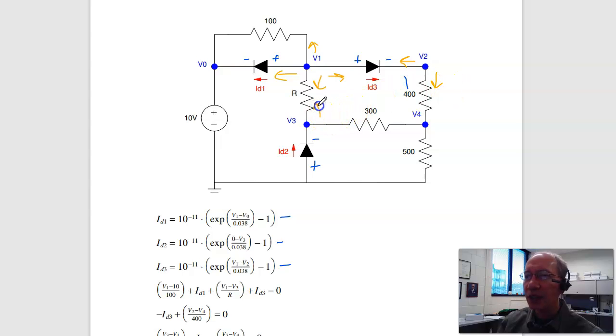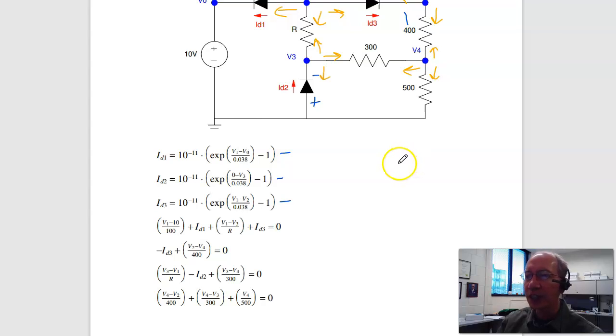Node 3, V3 minus V1 over R, plus V3 minus V4 over 300, minus ID2. At node 4, V4 minus V2 over 400, plus V4 over 500, plus V4 minus V3 over 300 equals 0. Gives you n equations and n unknowns.